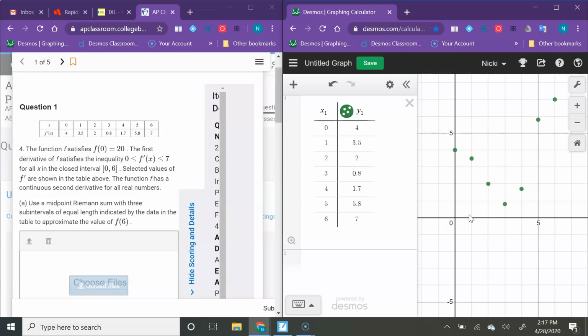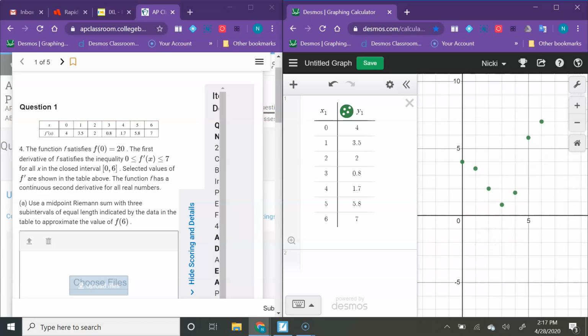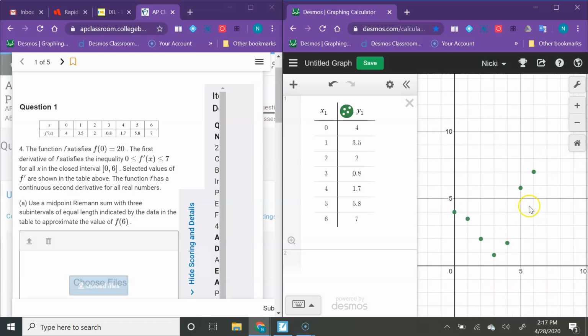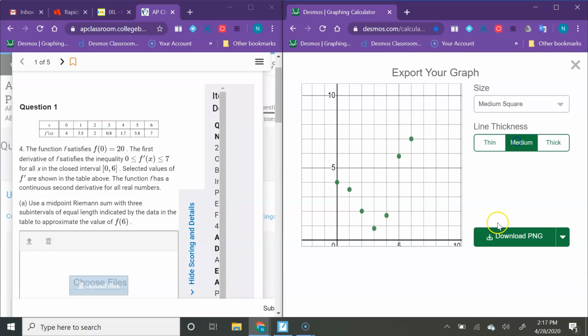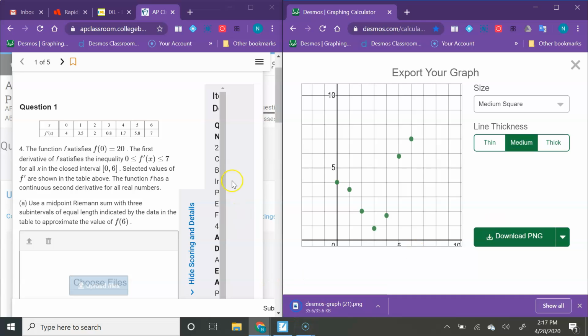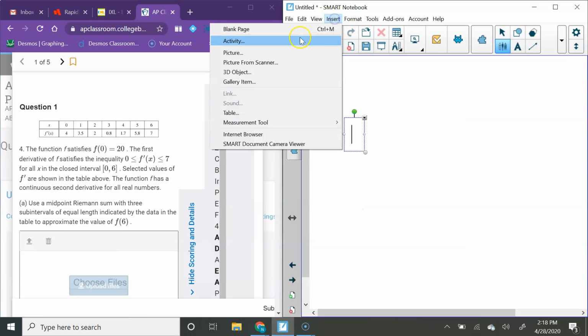Let's zoom in, not quite that much. Let's get that just right. I'll take this where we can take a picture of it. Alright, and I'm going to put that into what I've got over here.